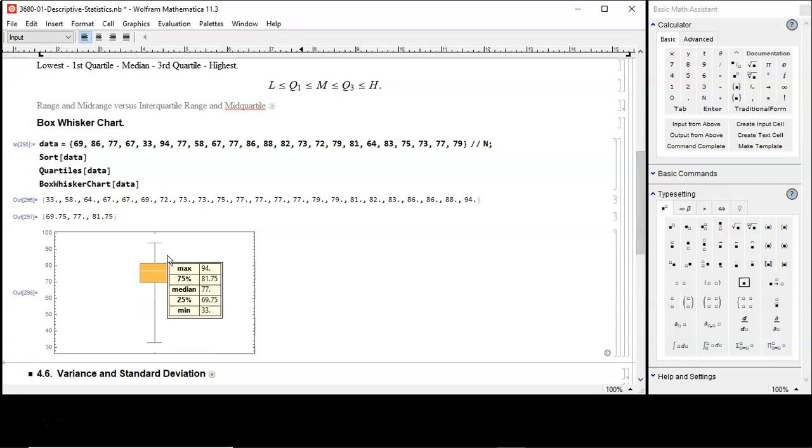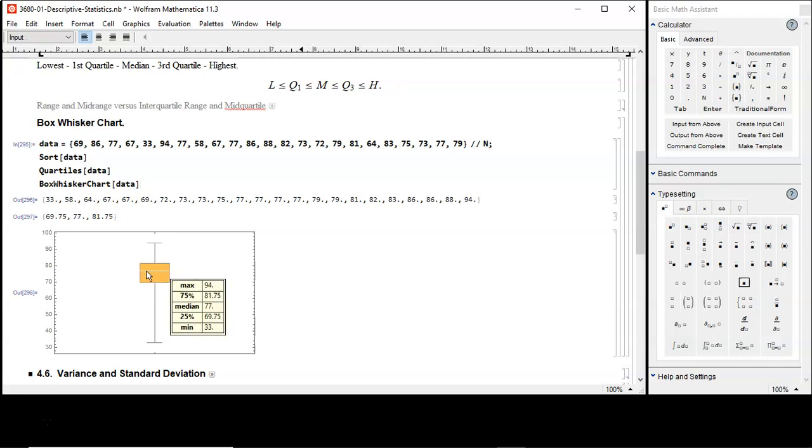We have a box, and then a line at the median, and then we have whisker, and then at the end we have minimum, and whisker here, and on top we have maximum. This one corresponds to minimum 33, and that top whisker corresponds to maximum 94. In this data set, 33 is the lowest and 94 is the highest. And then the median is 77.